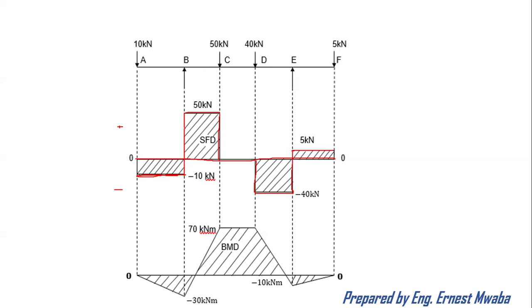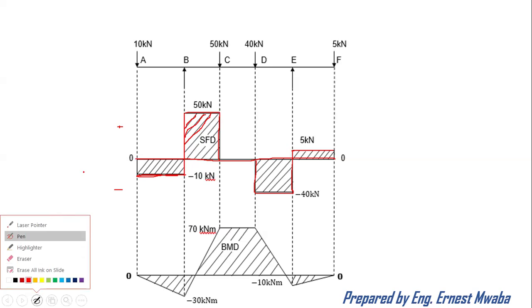What you see here, these hatch lines are not mandatory. If you have enough time, you can include them. But if you don't include them, it doesn't affect anything because someone is able to see the diagram. For the sake of making it look neat, that's why we do this. But otherwise, there's no harm if you don't draw those lines.